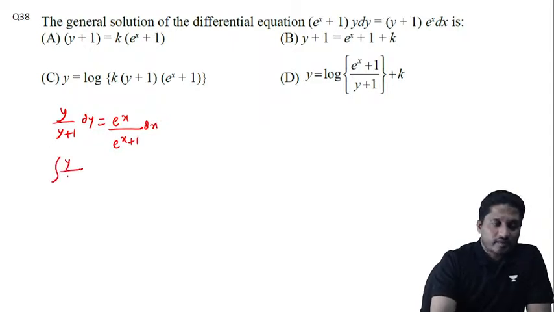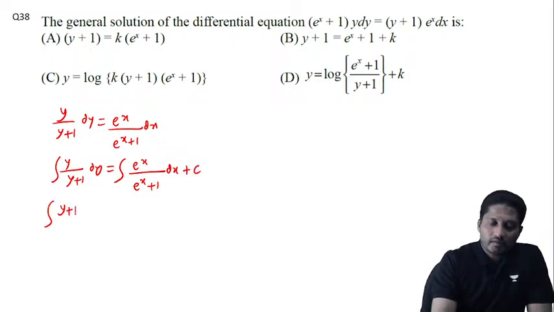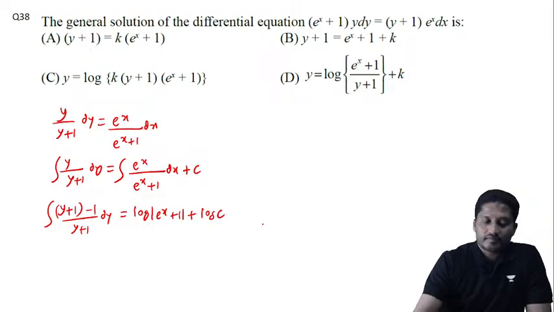Integration of y divided by y plus 1 dy is equal to integration of e power x divided by e power x plus 1 into dx and plus c. I can write this as y plus 1 minus 1 divided by y plus 1 dy. If you differentiate the denominator, you get the numerator, so you get log of e power x plus 1 and plus c. C can be written as log C.